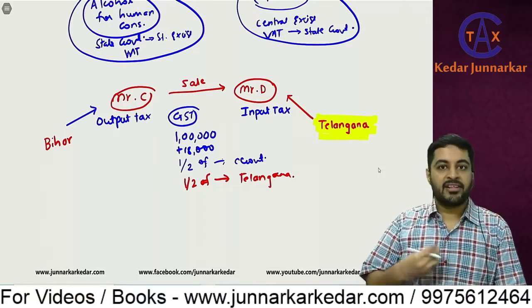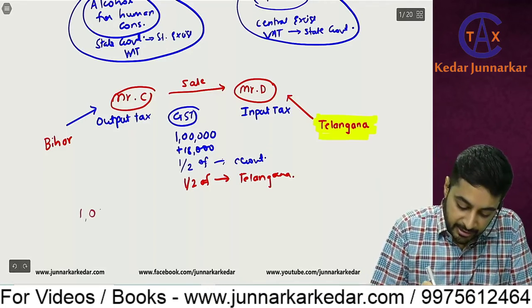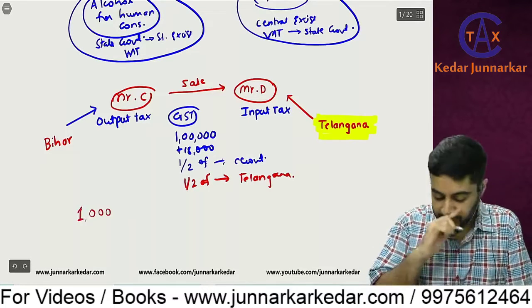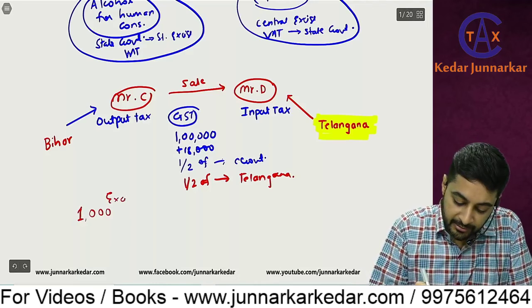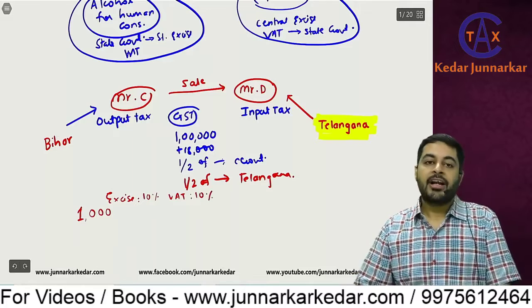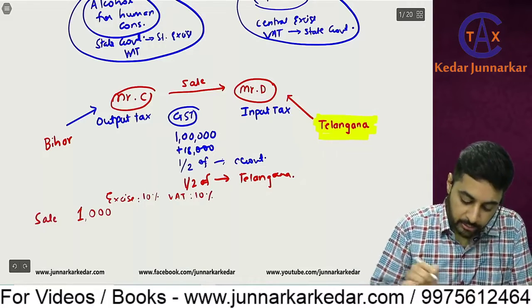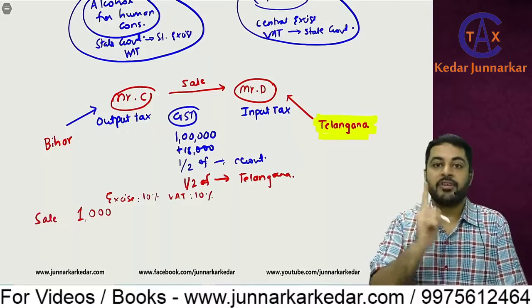Let's say I'm a manufacturer and I'm a seller also. So in that case, let's say the excise rate is 10% and VAT rate is also 10%, and sale value is 1000. So now on this sale value I would be first charging excise duty.